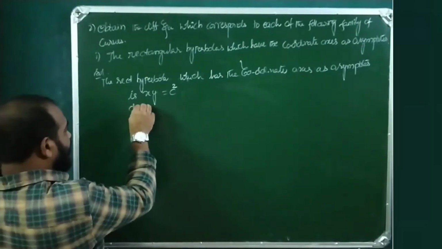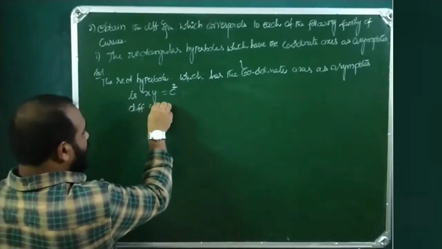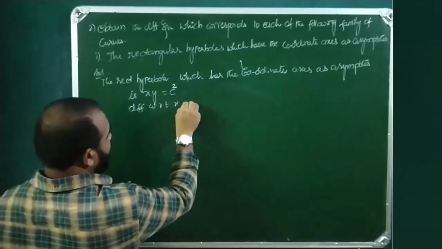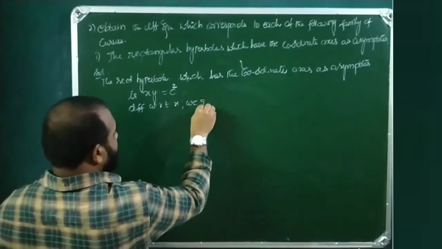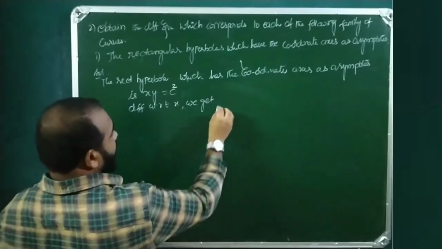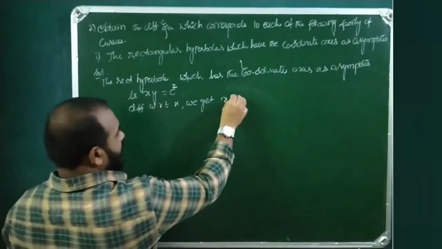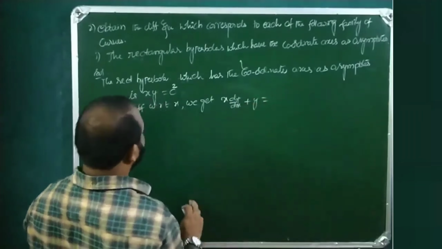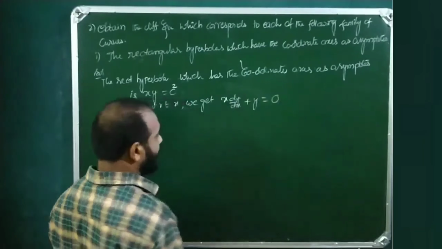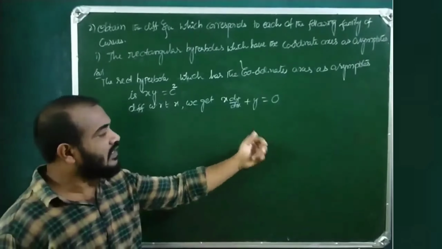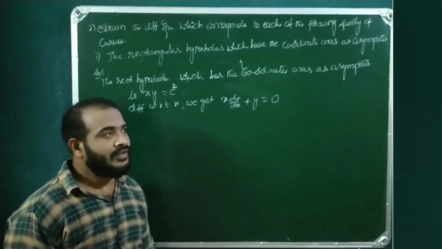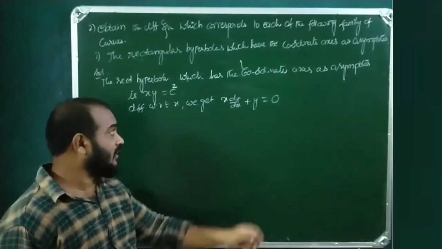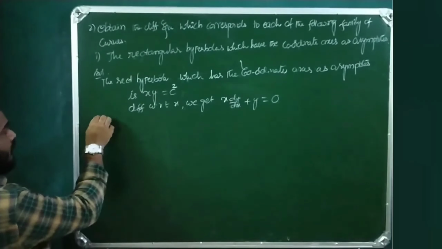Differentiating with respect to x, we get x dy by dx plus y equals c square's derivative, which is 0. So therefore this is the required differential equation.